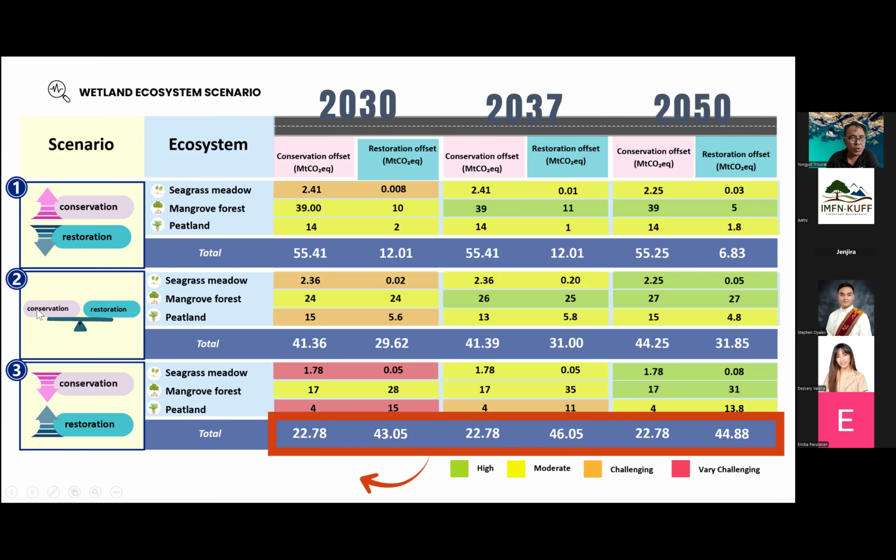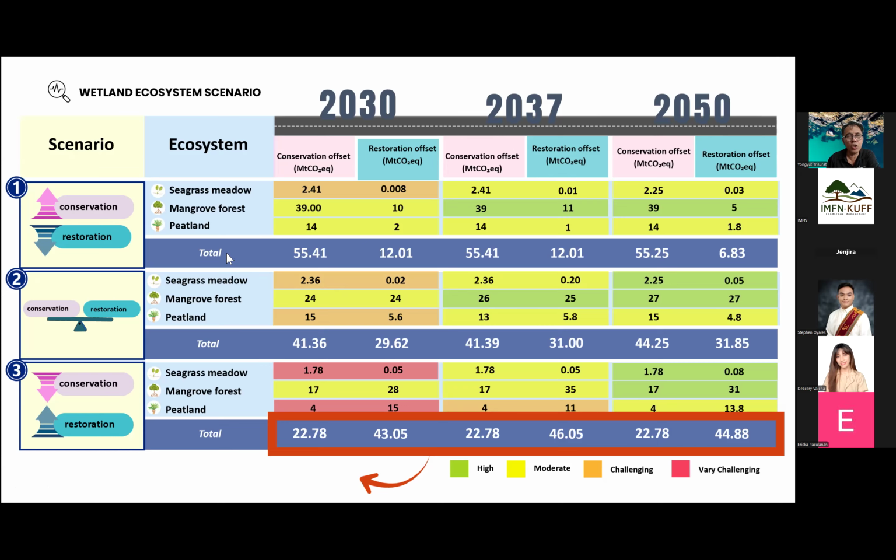Option two is both conservation and restoration. And the last one is restoration, where most of the forest is already degraded, so we do a lot of restoration.